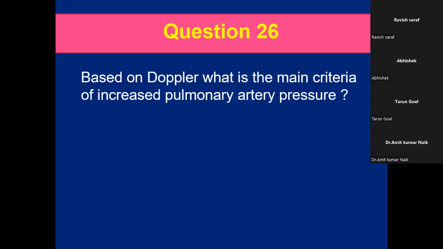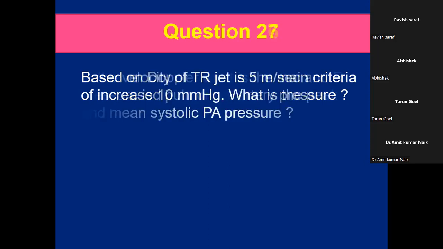Okay. Based on Doppler, what is the main criteria of increased pulmonary artery pressure? Sir, velocity into pressure gradient. Based on Doppler, what is the main criteria for increased pulmonary artery pressure? Sir, I don't know. Last for you.